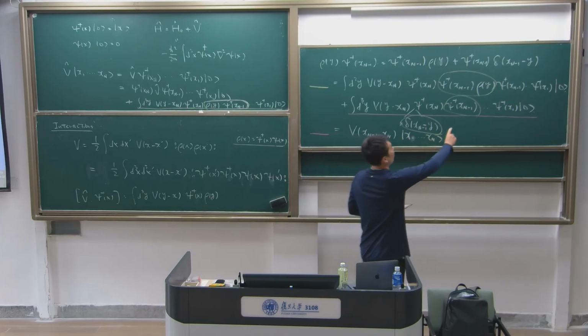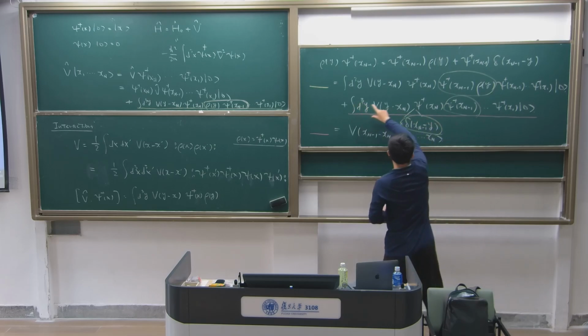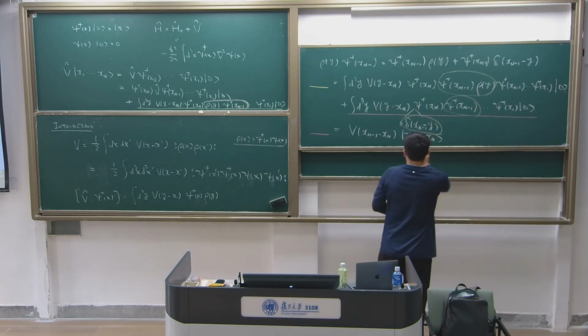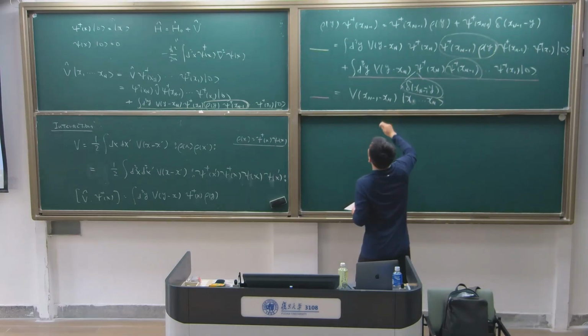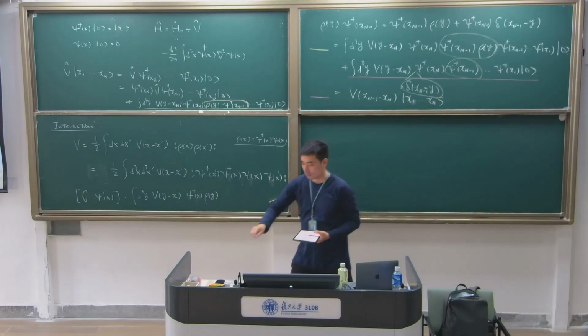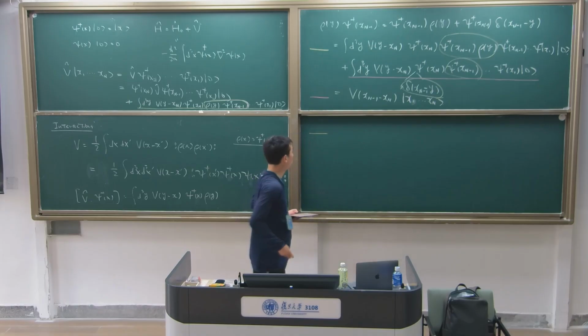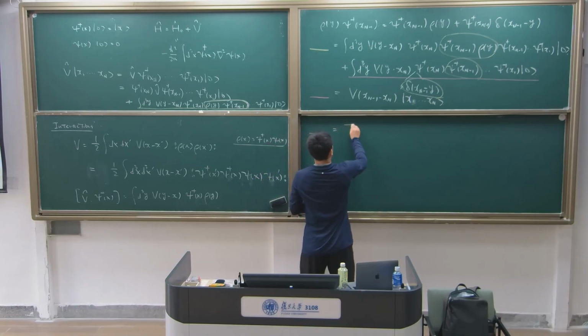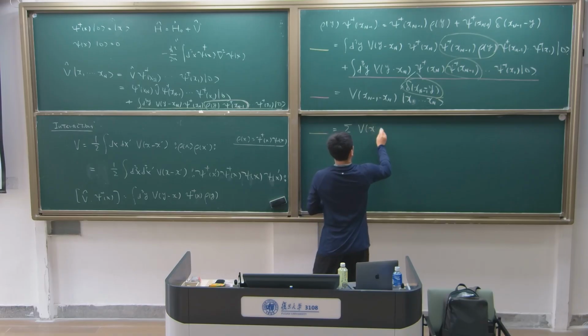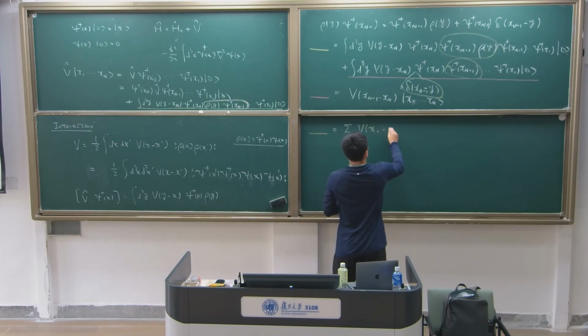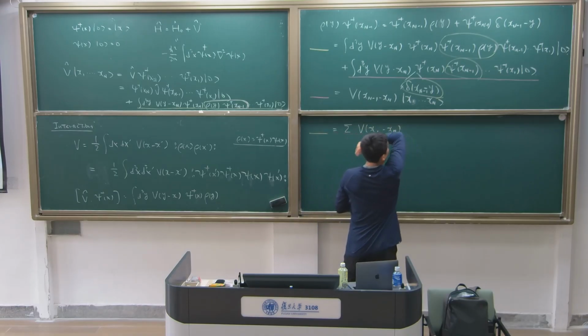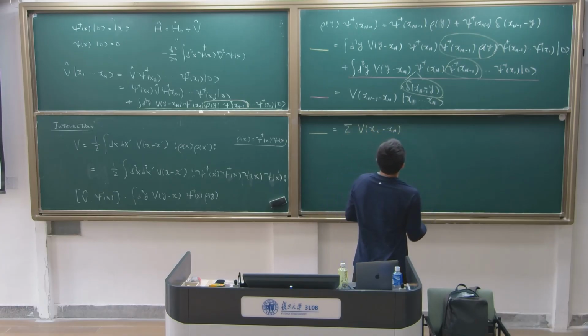But at the cost of commuting, you always get this red part. So therefore, what you get is that this yellow part is equal to just the sum of b of xi minus xn.